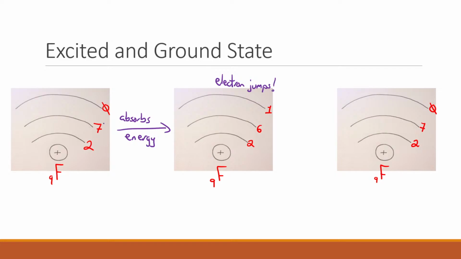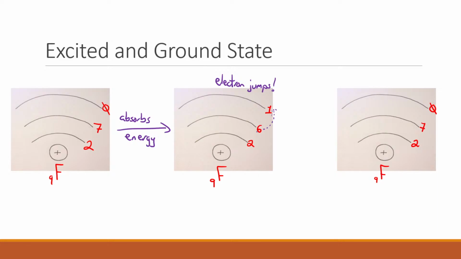Right? The atom will absorb some energy no matter how we give it to it, right? Electricity, heat, sound, friction, the atom will absorb some energy which will cause this electron to jump up. But that can't stay this way.